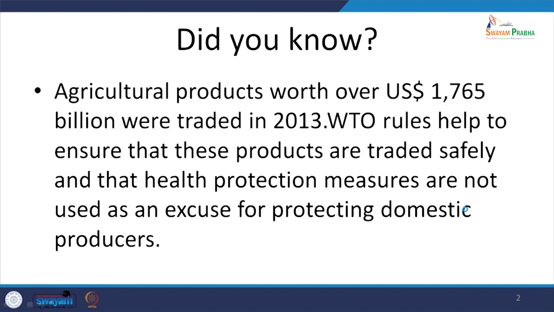Usually, there are many instances where health related protections have been imposed by the importing country so as not to import their product. So the agricultural product trade went up to a value of 1765 billion US dollars.